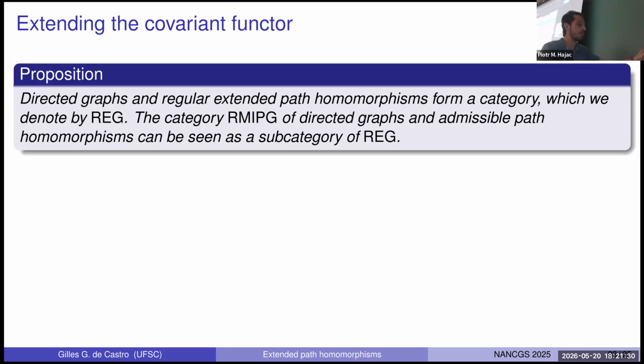And then the other one, of path homomorphisms, if you want the regular one, we need monotonic and injective inverting, and also need to be regular. And then this category can be seen as a subcategory of REG. Okay, so this is just the categories, but we also want the functors.